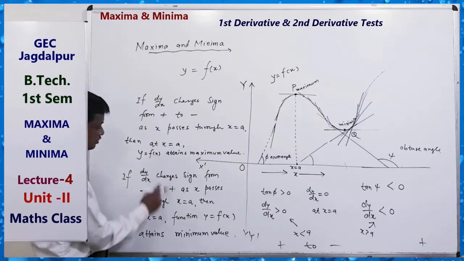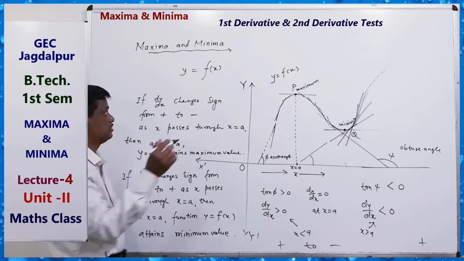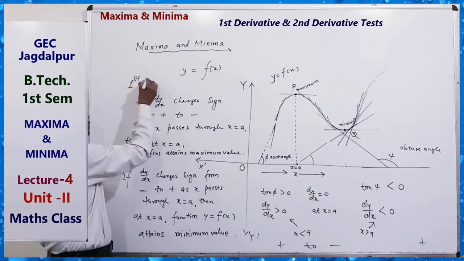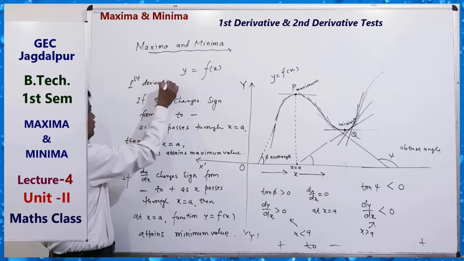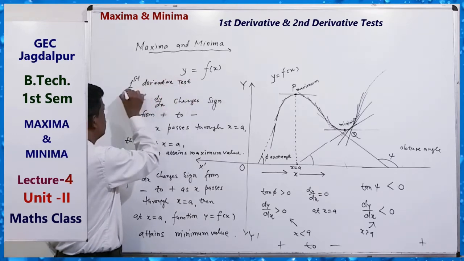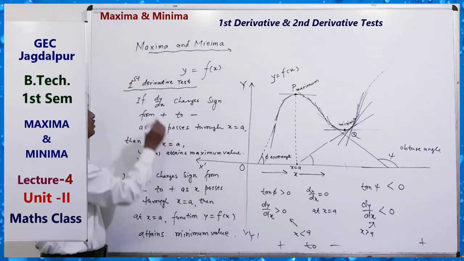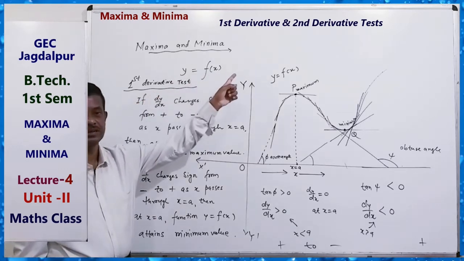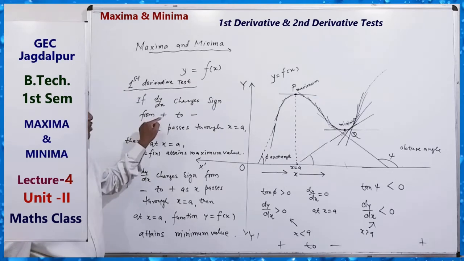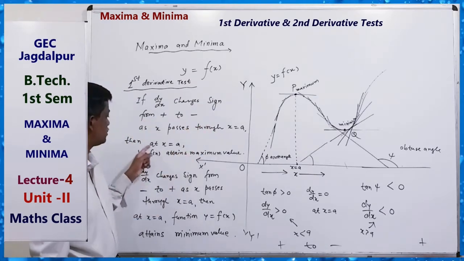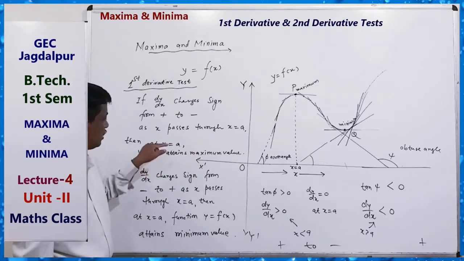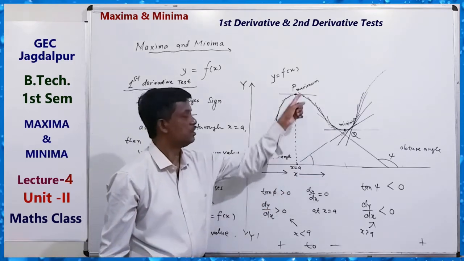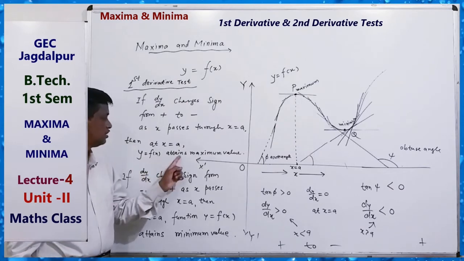Okay. Negative to positive, this is the first derivative test. First derivative test for a function to be maximum or minimum: if the first derivative of the function changes sign from positive to negative whenever we pass through the point x equal to a, then at the point a the function attains a maximum value.